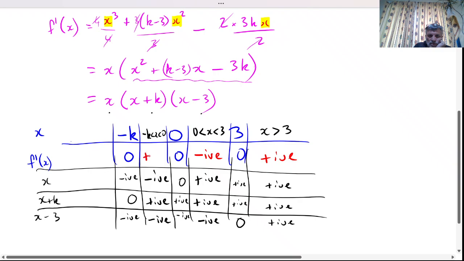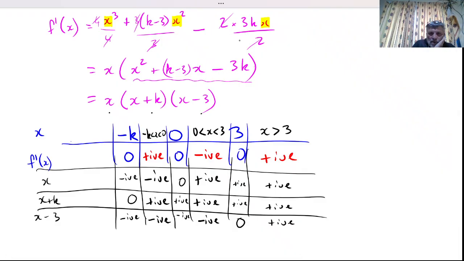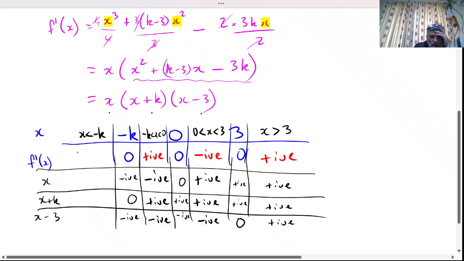So I will definitely have a positive derivative here. And finally, if x is less than negative k, something smaller than a negative number is definitely going to be negative. If I add on k, I'm not going to get up to 0, so that will still be negative. And if I take off 3 from a negative number, I'm going to be negative. Negative times negative times negative definitely gives me a negative.